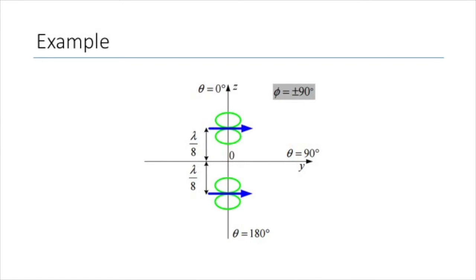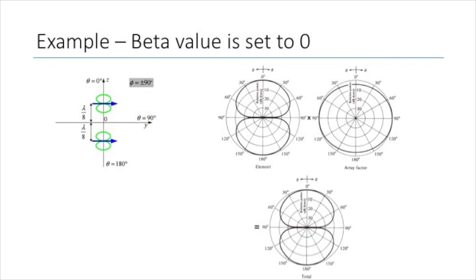To illustrate this concept, let us examine the normalized pattern of a single element, the array factor, and the total array for an antenna array consisting of two horizontal infinitesimal dipoles located at a distance d equals lambda over 4 from each other and with equivalent excitation magnitudes as shown in the figure below. The first diagram shows the element, array factor, and total field pattern when the beta value is set to 0.